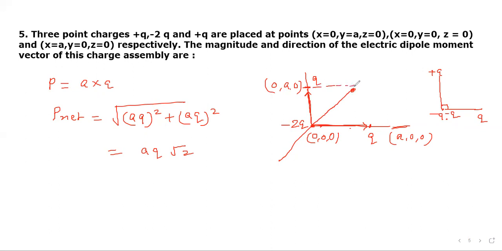The corresponding point here will be a comma a. This is the x-axis, this is the y-axis, and this is the z-axis. So this is our answer.